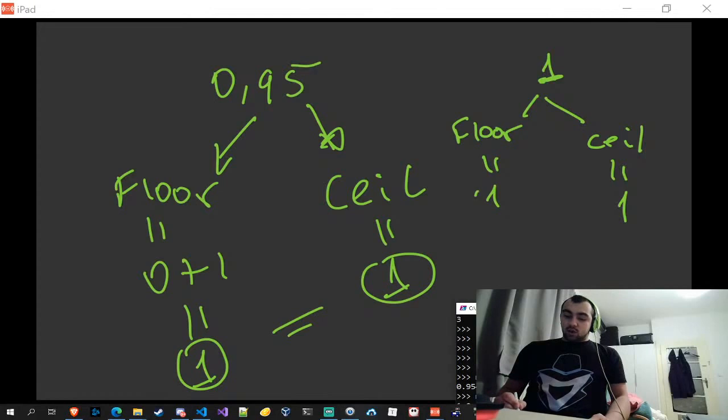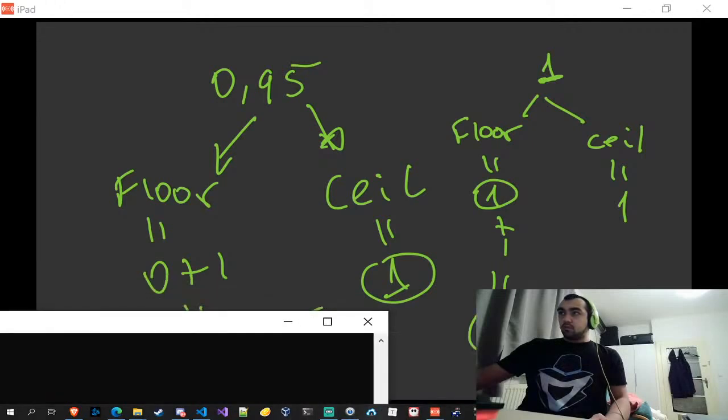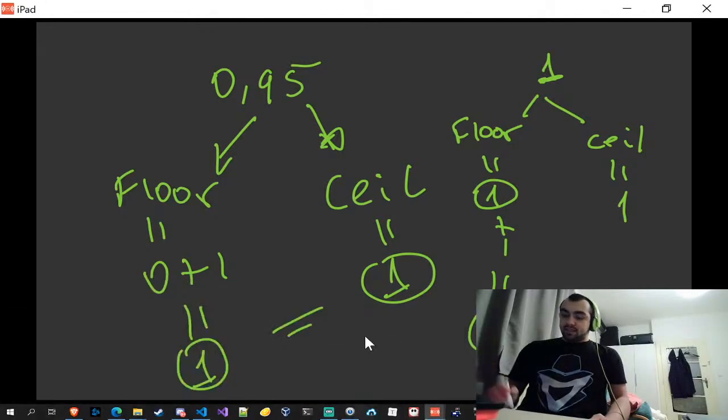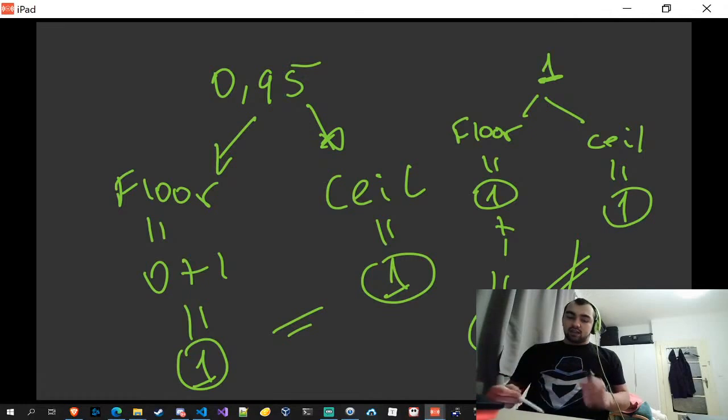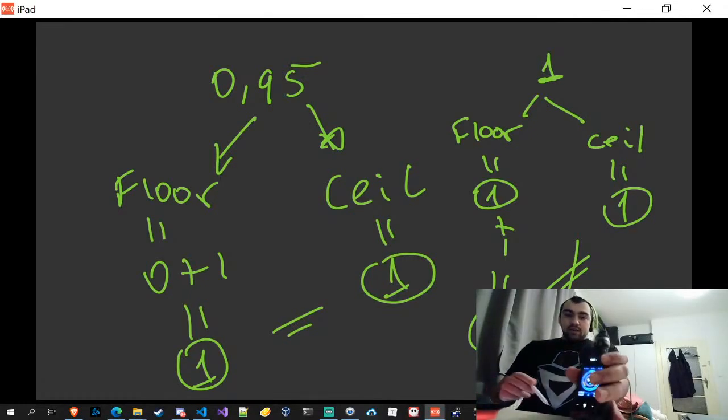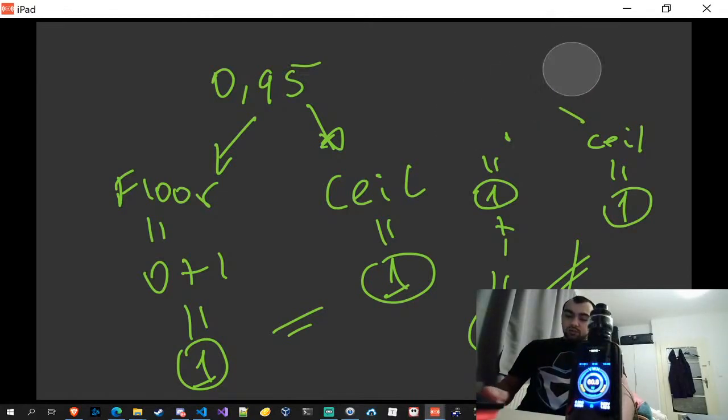But when we floor it, we also have to add 1, so this becomes 2, right? But this is still 1. So it's the wrong number, you know what I mean? And that's the reason why we have to floor it and add 1 instead of just ceiling it. Yeah, you're probably never going to have to use this, but it's a nice thing to know.